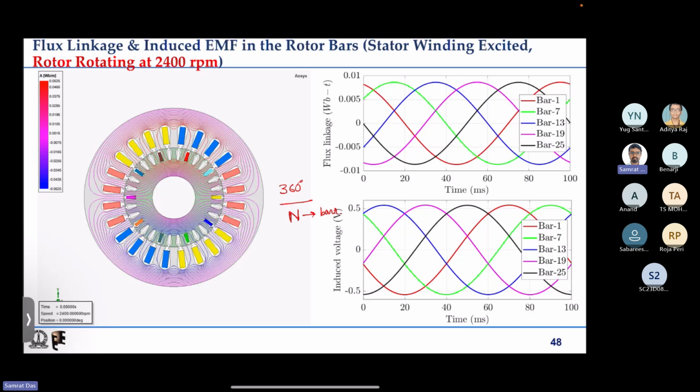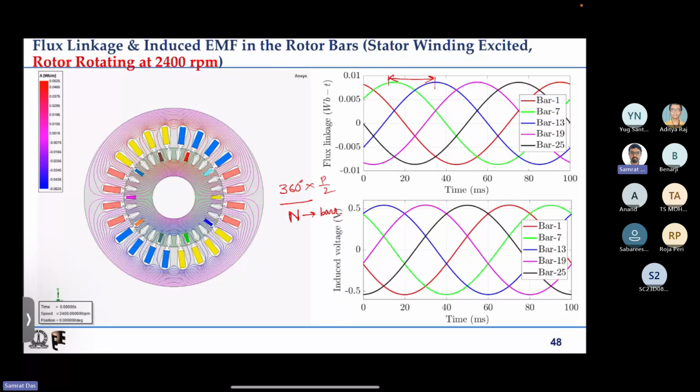This is the case for a two pole machine. For a four pole machine, it has to be multiplied by p by 2 to get the phase shift between flux linkages seen by two subsequent bars.